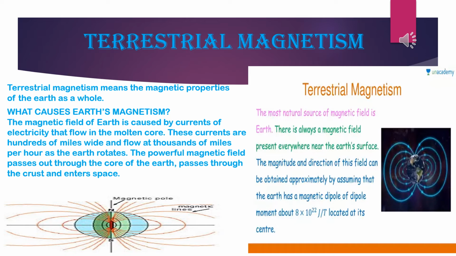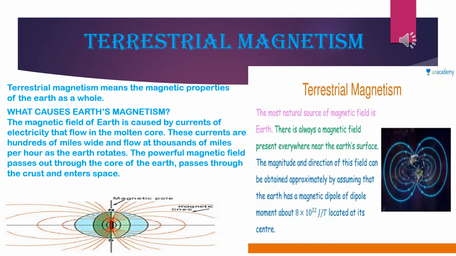See the first diagram, terrestrial magnetism. The most natural source of magnetic field is Earth. So there is always a magnetic field present everywhere near the Earth's surface.